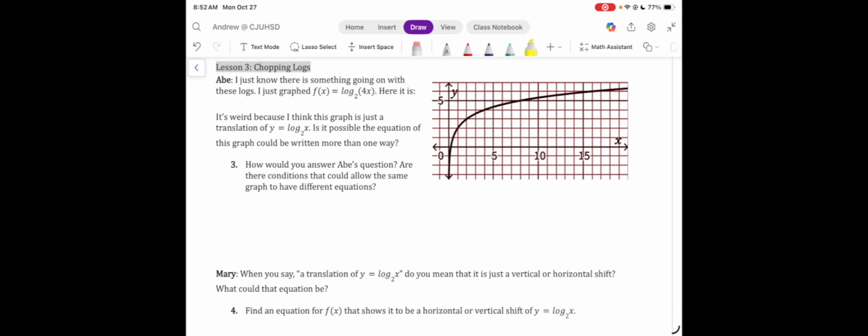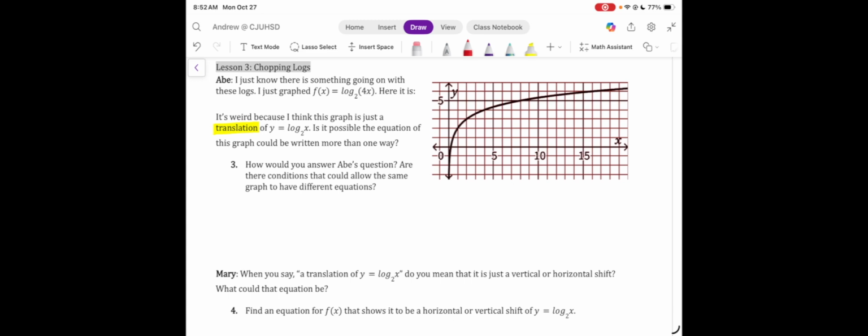Abe says, I just know there's something going on with these logs. I just graphed f of x equals log base 2 of 4x. Here it is. It's weird because I think this log is just a translation. That means a movement up or down, left or right, of log base 2 of x. Is it possible the equation of this graph could be written in more than one way?